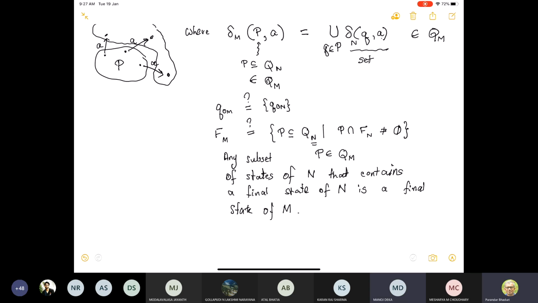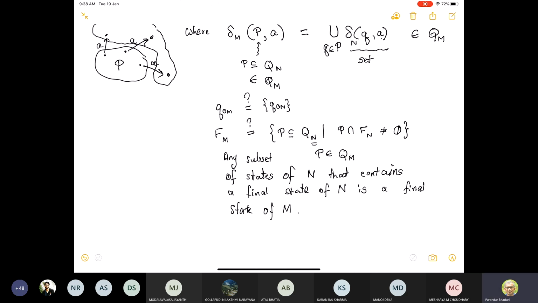See, intuitively, this is how it works. The DFA M will keep track of all the states that can possibly be reached by the NFA after reading an input string, okay? And if any one of them happens to be a final state, then the string is accepted by the NFA, as we said.